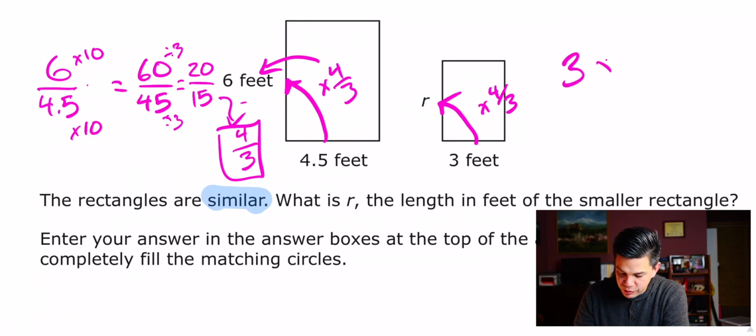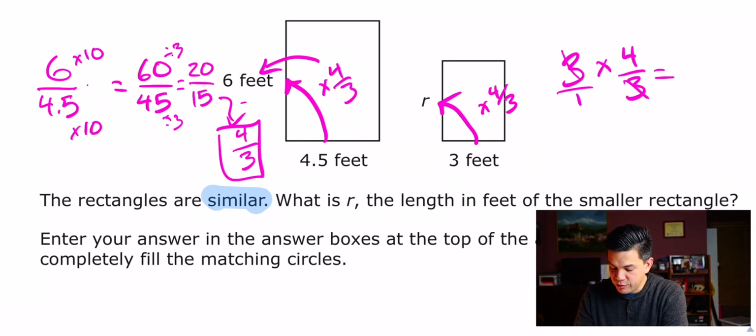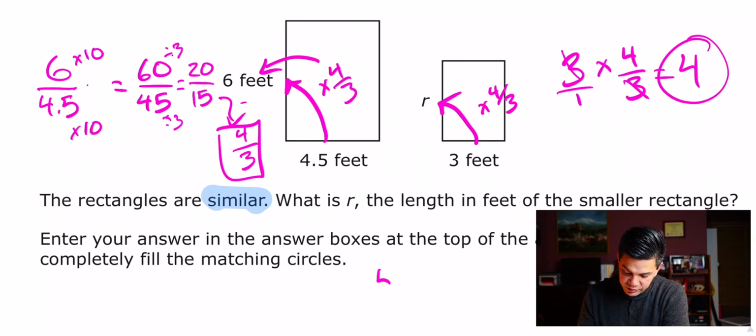So we're going to take 3 times 4/3. And since this is a whole number, we're going to make that a fraction. We're going to simplify, reduce the 3's from both of those, and then we end up with 4. All right, so our answer here is 4 feet.